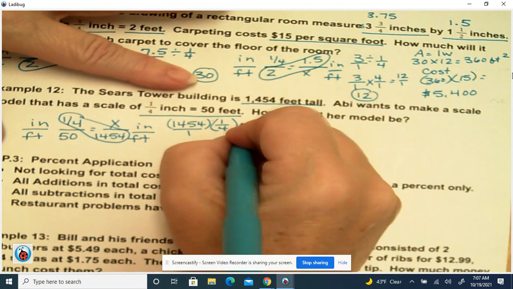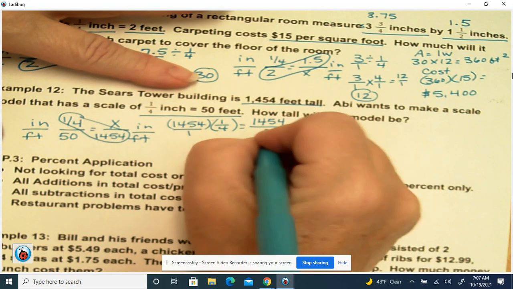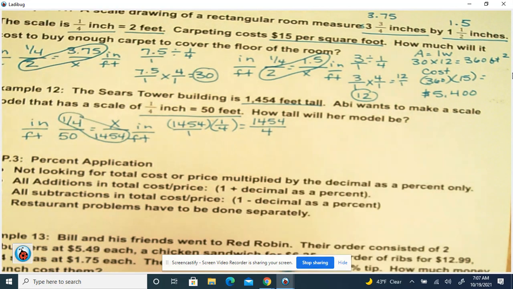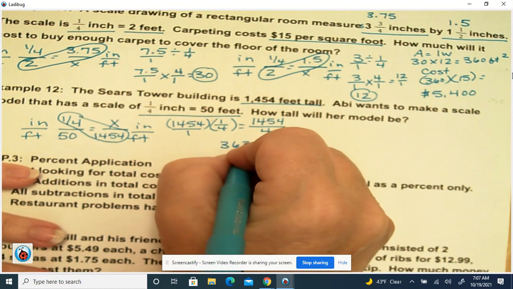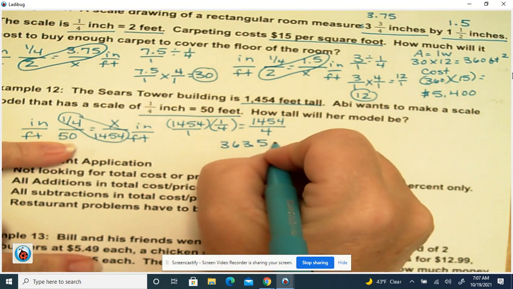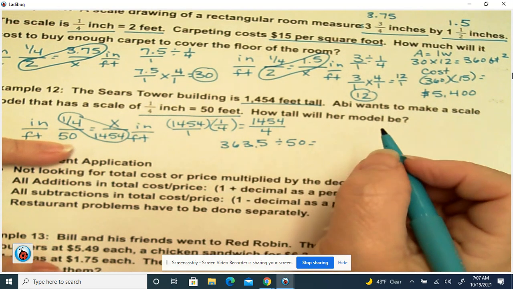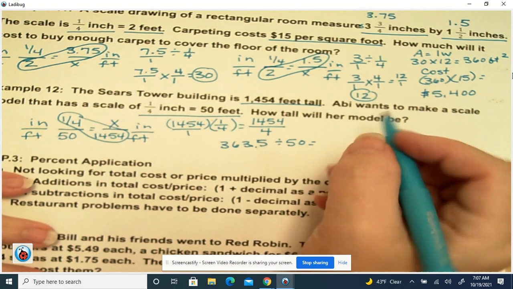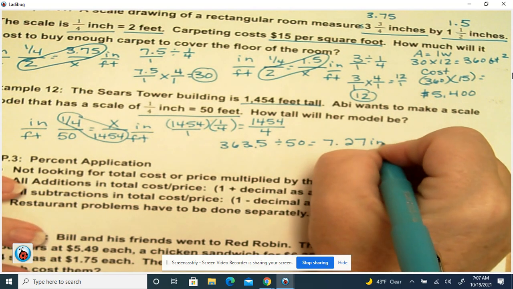If we multiply straight across, we get 1,454 over 4. And if we divide those, we get 363.5. And then we have to divide that number by 50. 363.5 divided by 50 is 7.27 inches.